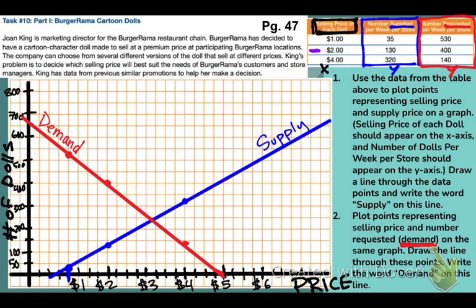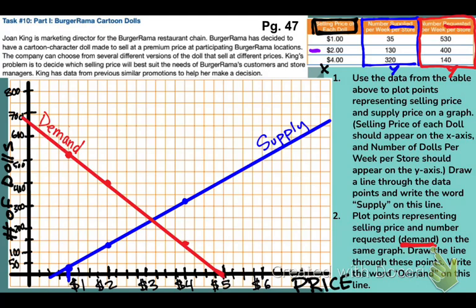On the next page, it tells us we're going to use our graph to answer the following questions. Part A says, if Joan King sets the price at $2.50 per doll, how many disappointed customers will each store have during the week? So what are we looking at on our graph? What is our part A asking us to look at?